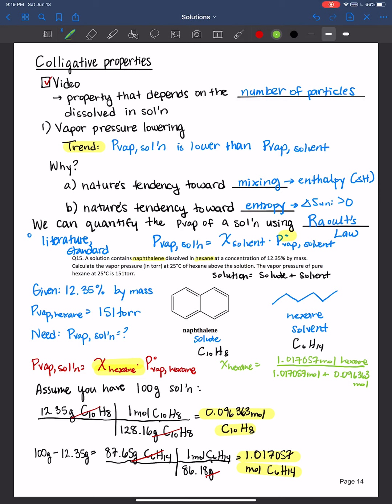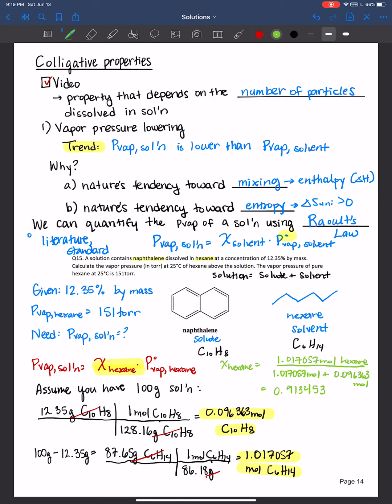That's the total moles of solution. When you plug that into your calculator, you should get 0.913453. And this is unitless because it's always moles over moles.